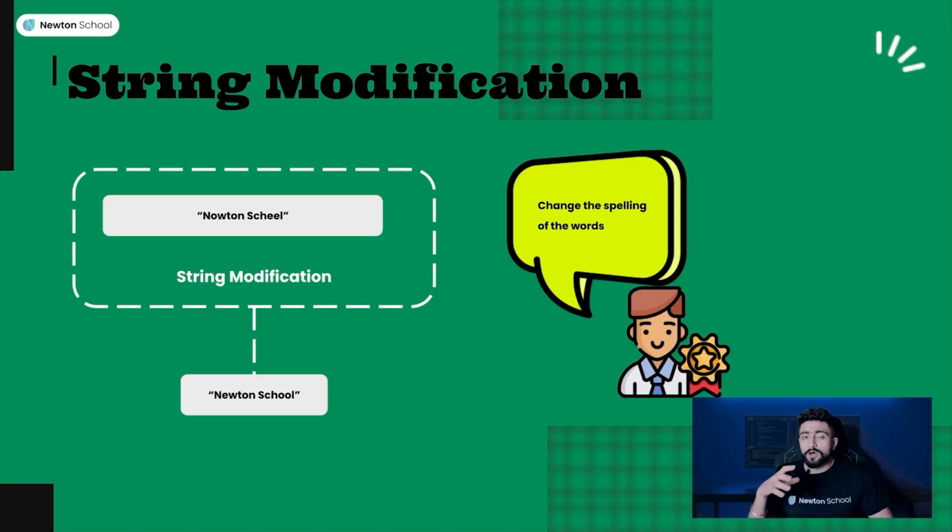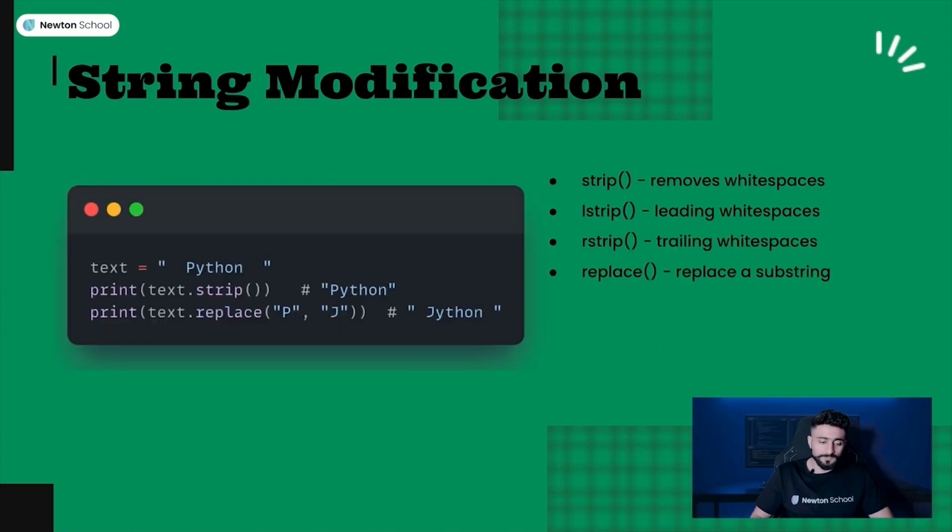But let's see how the modification works in code. These are all the methods to do the modifications. strip is a method to remove all the white spaces in the string. For example, here in this "Python", we have white spaces before and after. And if I do text.strip, all the white spaces are gone. Now only "Python" remains. lstrip means it will remove all the leading white spaces, the starting white spaces.